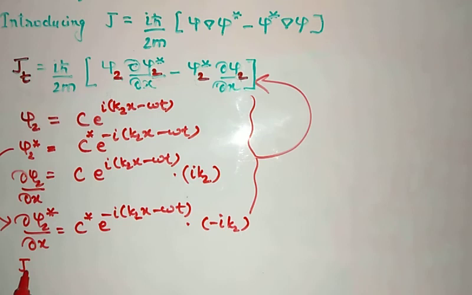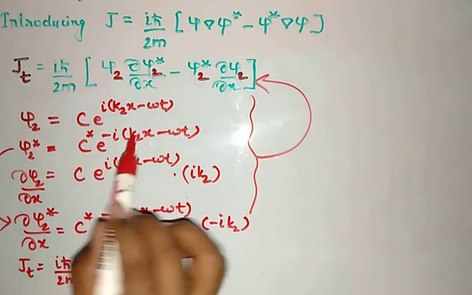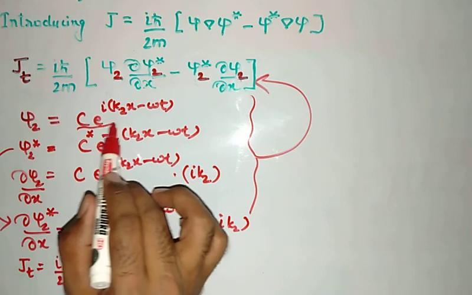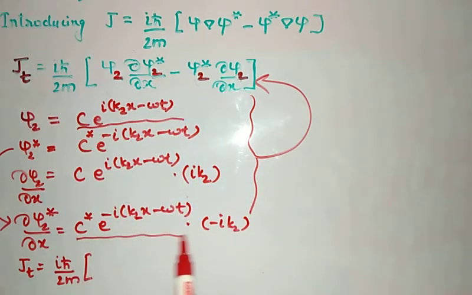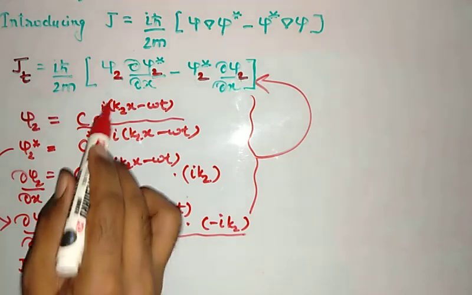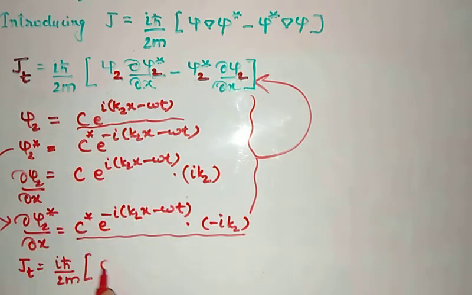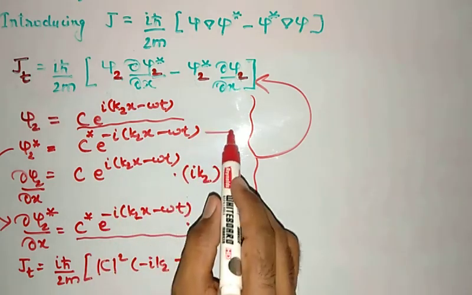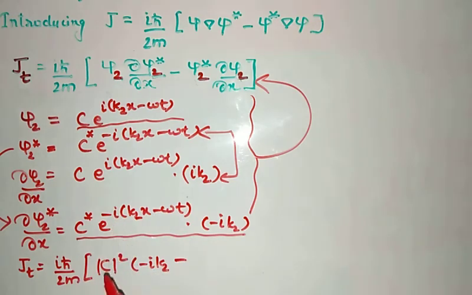So for JT, I h cut upon 2m psi 2, times this term, the exponential will be 1, so mod c square minus I k2, minus, now multiplying these two, again the exponential factor will be 1, mod c square I k2.